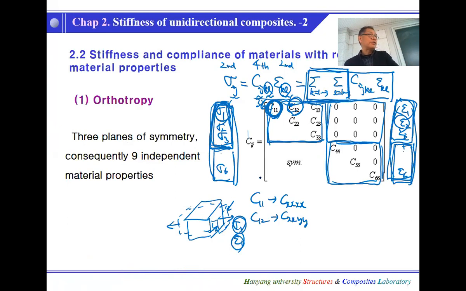That is Poisson's ratio. So Poisson's ratio is relating these deformations and transverse contraction. So C12 or C23 or C13 terms relate to Poisson's ratios.